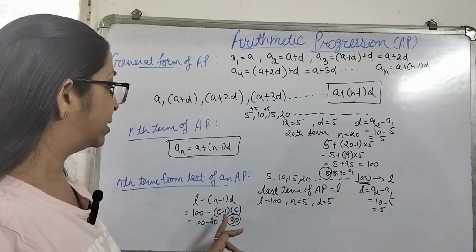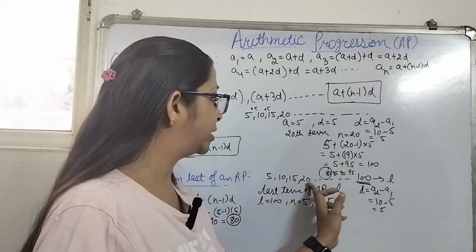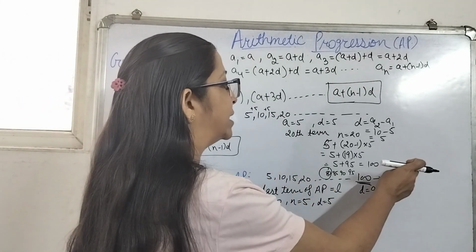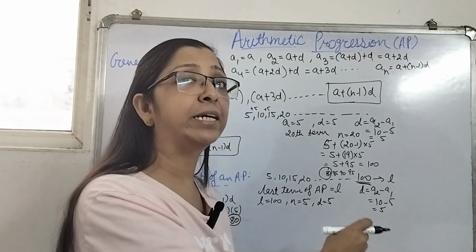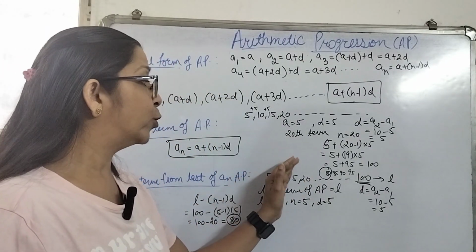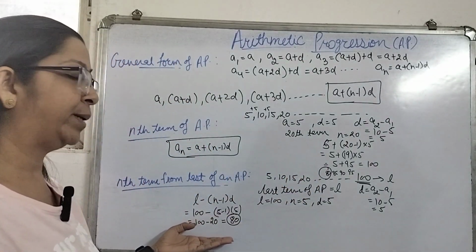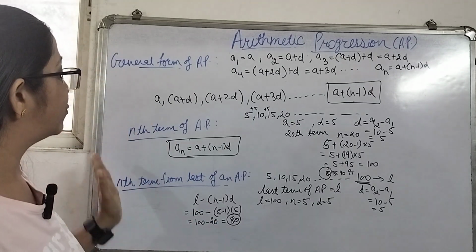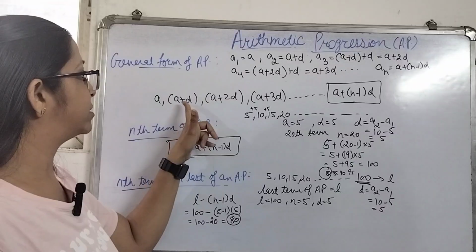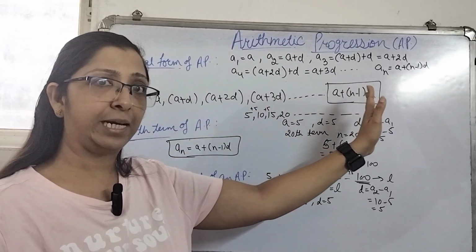Just keep in mind that d will be positive only. Whatever the value of d was in the original AP, that only we will be taking. We won't be considering d from here, so it won't become negative. So using these formulas, we can find the general form of an AP as a, a plus d, a plus 2d, a plus 3d, like that.